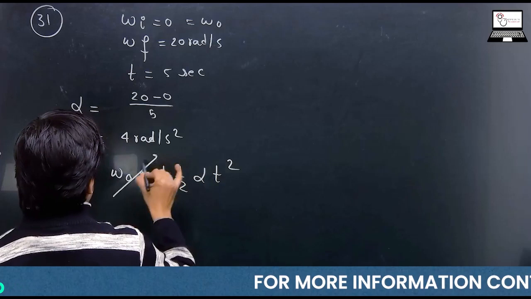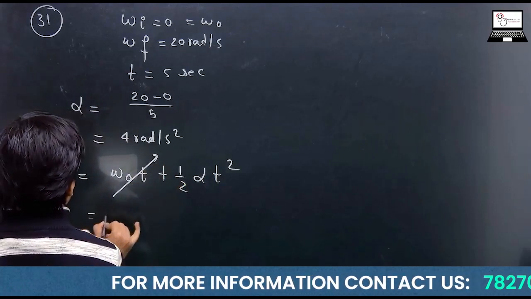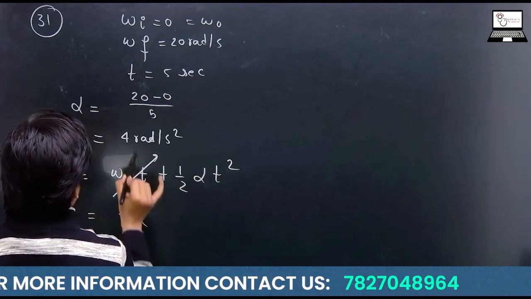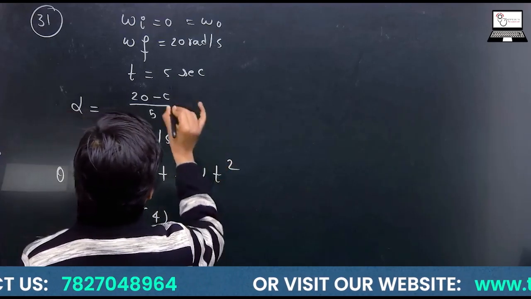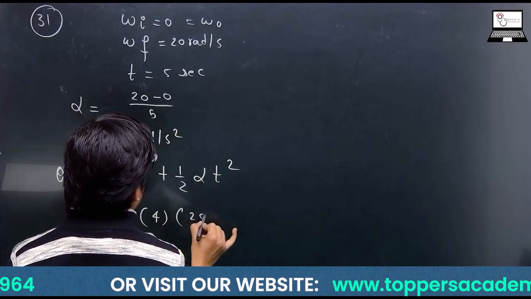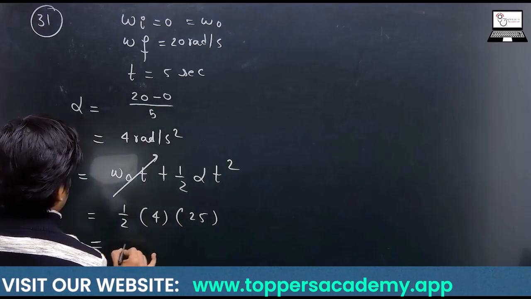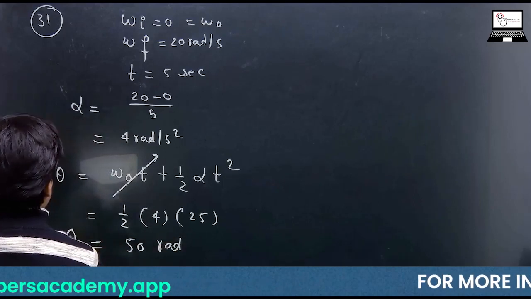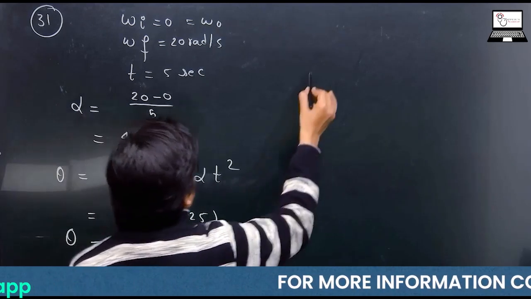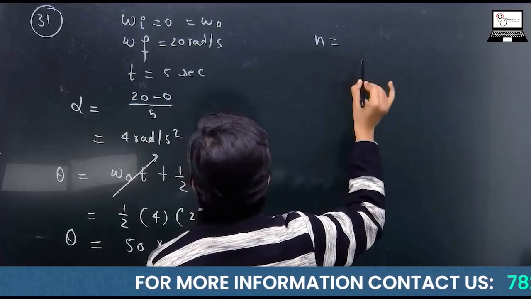This term goes to 0 because omega naught is 0. 1 by 2 alpha is 4 radian, so 4 into t square. Our t is 5 seconds, so multiply by 25. You will get 50 radian. That is the angular displacement, and from this 50 radian you can calculate the number of revolutions.